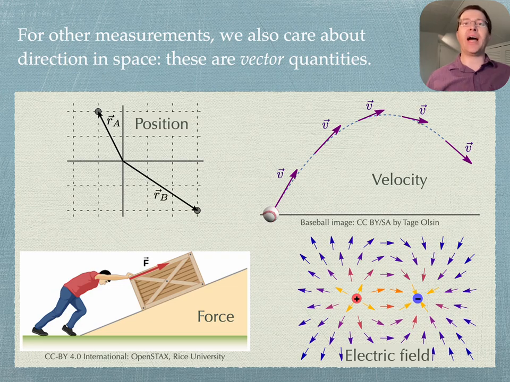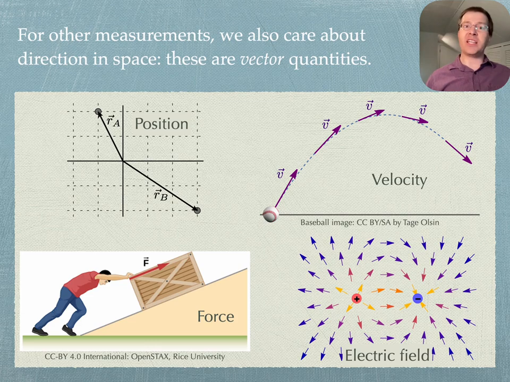You can talk about those different positions by giving not just a distance, but also a direction. Mathematically, we can visualize that as an arrow. An arrow has a length, a magnitude, and a direction, a way it points in space. And so quantities represented this way are called vector quantities.